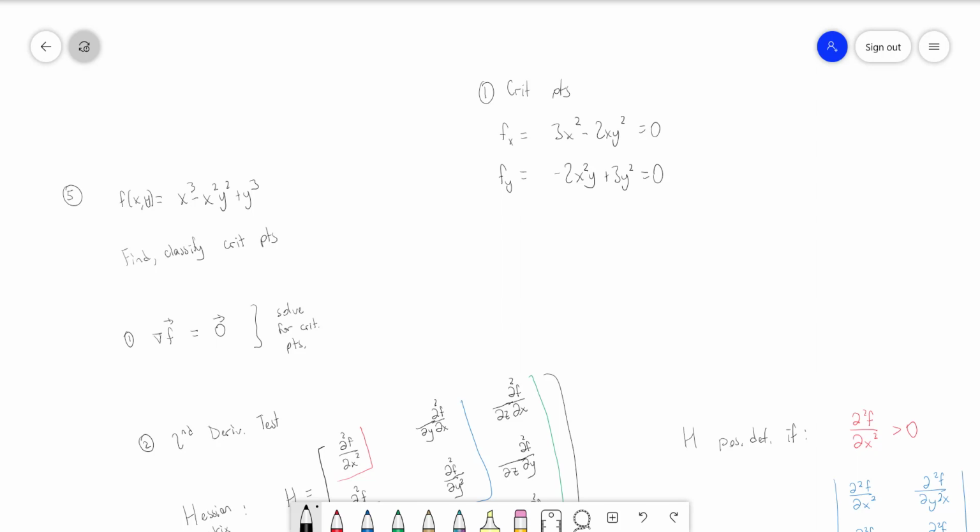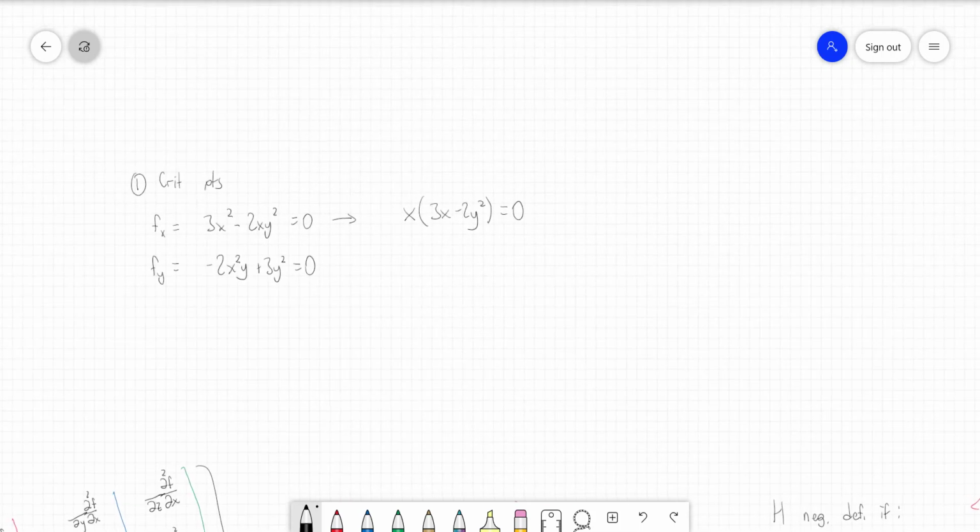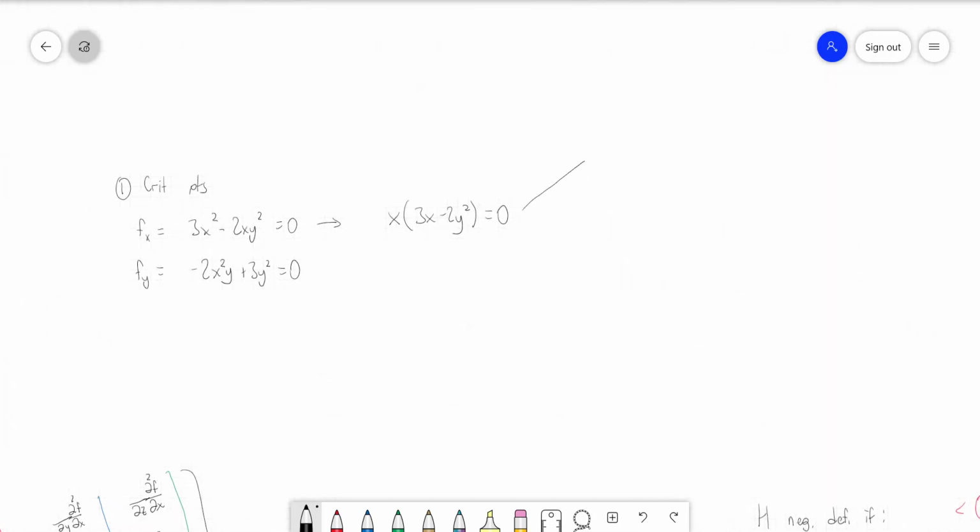Let's see here. So let me take the first equation and I'm going to factor out the x from it. So then that gives me two possibilities, either x is 0 or 3x equals 2y squared.